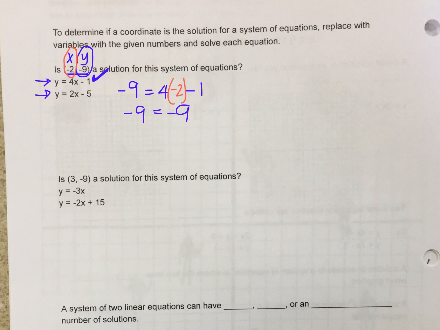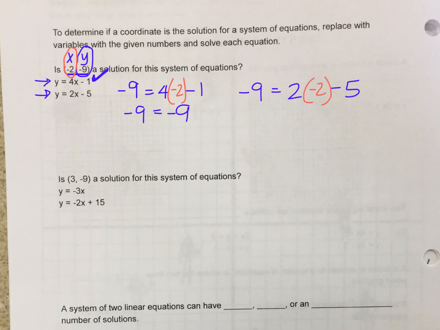All right, so now we need to test this other line to see if it works. So it's y equals 2x minus 5. I'm going to take out that y. Instead of y, I'm writing that same negative 9. Take out the x. Instead of x, I'm writing that same negative 2.